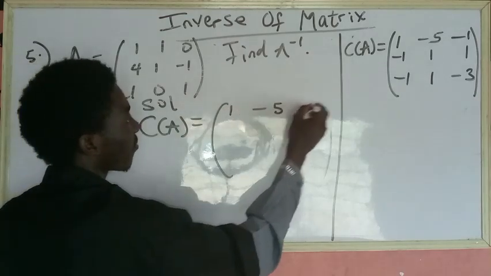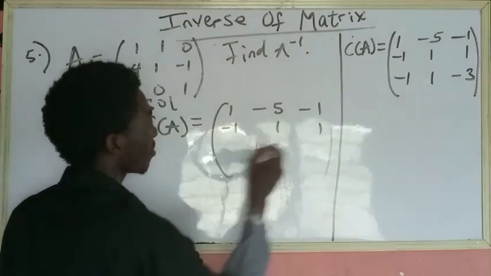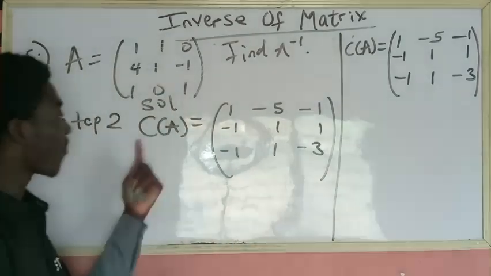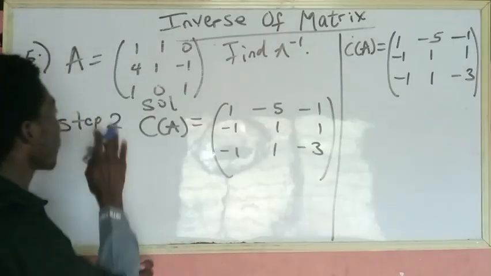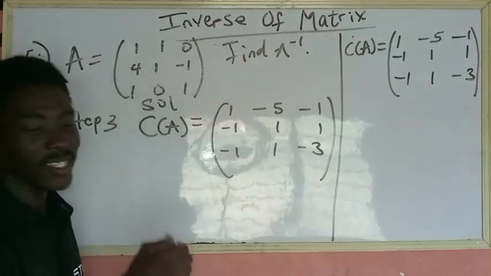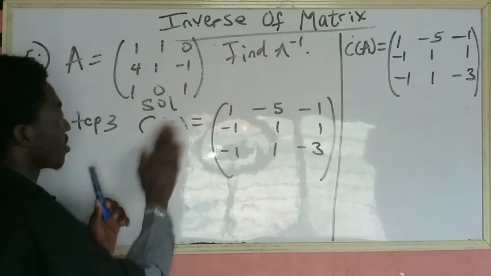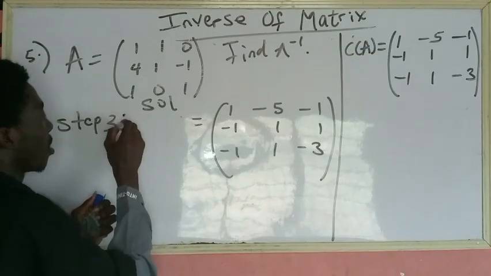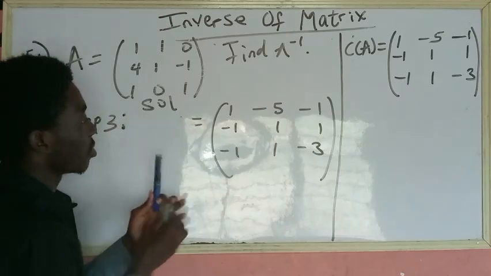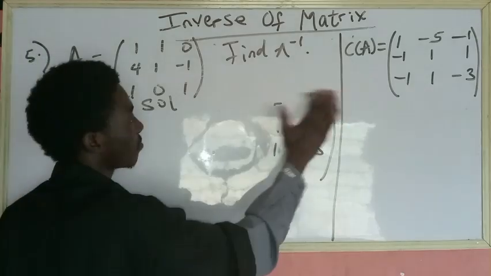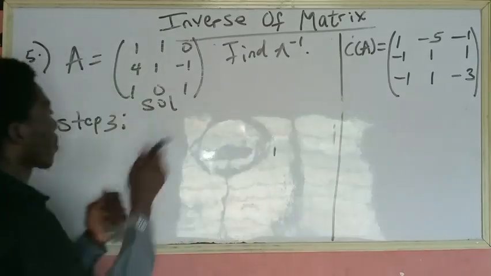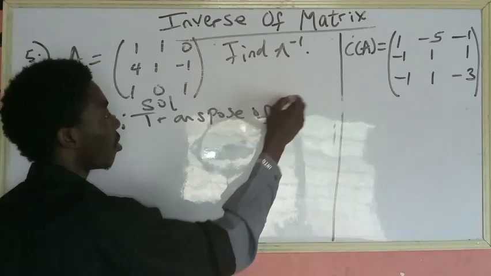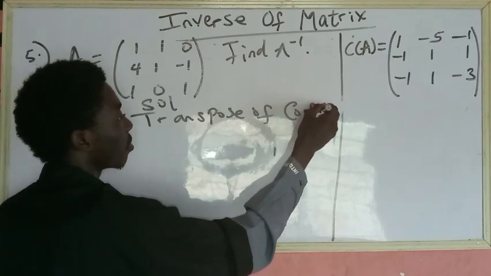1, minus 5, minus 1, minus 1, 1, 1, minus 1, 1 and minus 3. That is the cofactor of A. Now how do we find the third step? Third step is the adjoint. Next, adjoint. This is the transpose of cofactor.